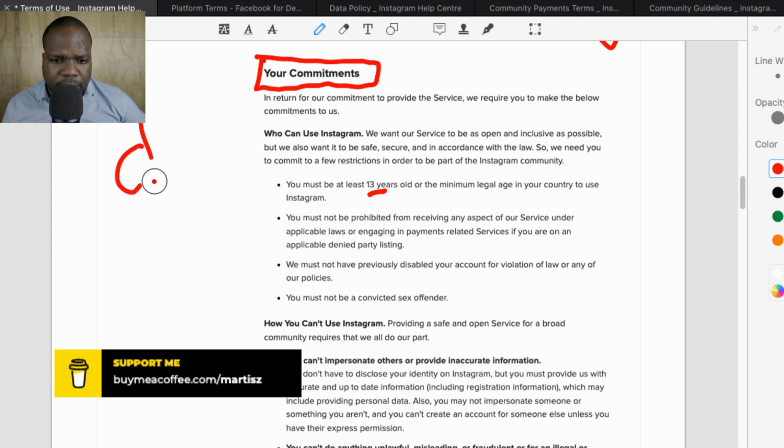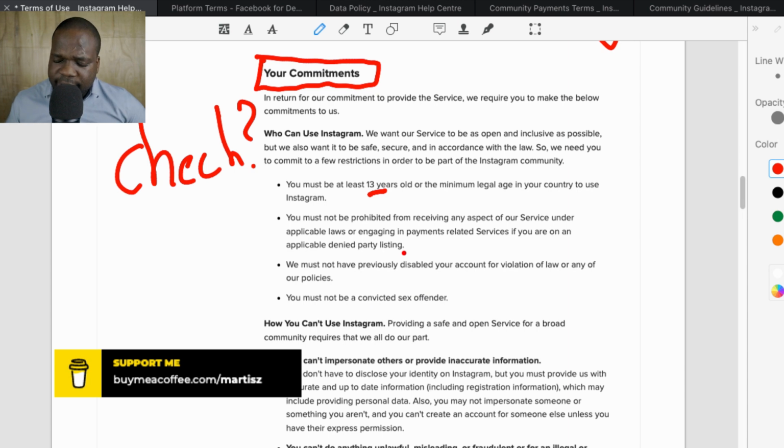So how do they check this? What do I mean by that? They say you must not be a convicted sex offender. If you're a convicted sex offender and you are released, you make an Instagram account, who's going to stop you? So how are they going to check this?